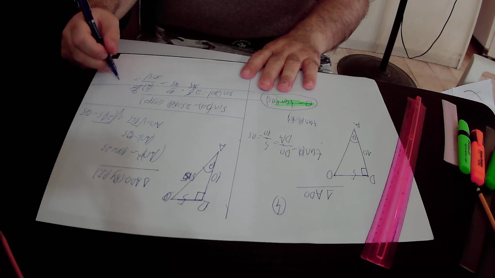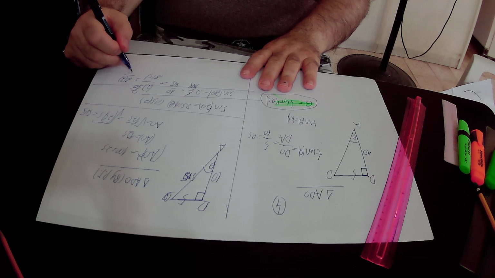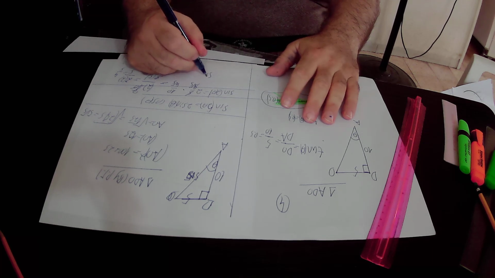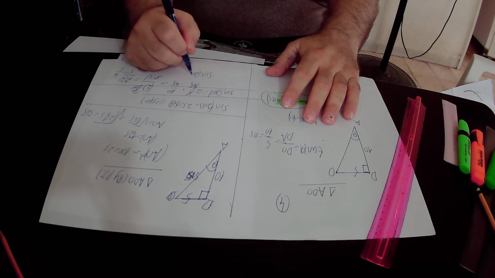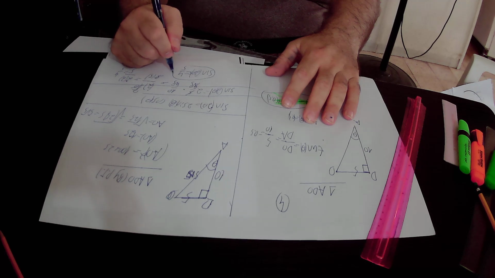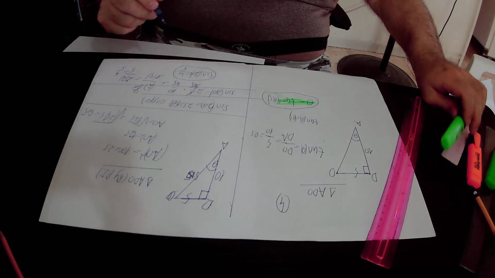So in the numerator we have 2 times 2 over 5. 2 times 2 is 4 over 5. So in conclusion, we found out that sine 2 theta equals 4/5. Okay? Sine 2 theta equals 4/5.